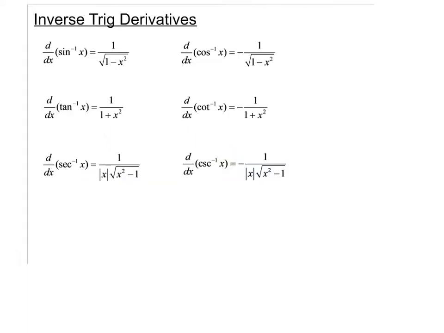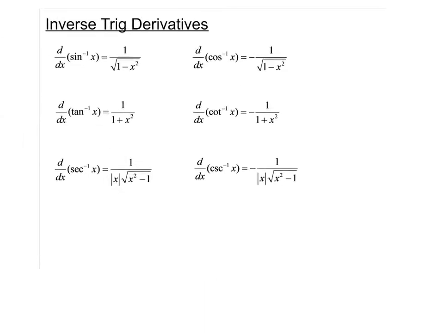As far as the derivatives themselves go, I honestly don't know of any easy way of memorizing these. I will say that typically what I do is I remember all the ones without co. So derivative of inverse sine is 1 over radical 1 minus x squared.